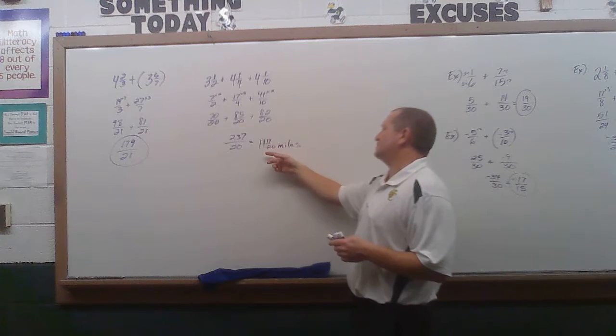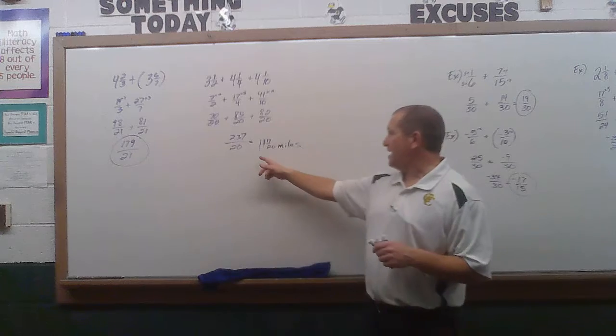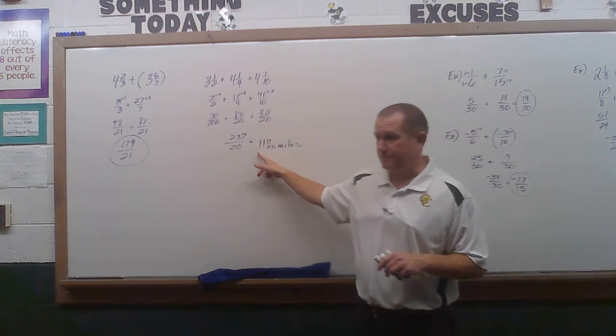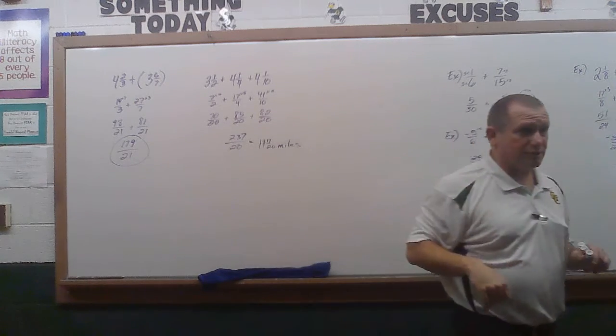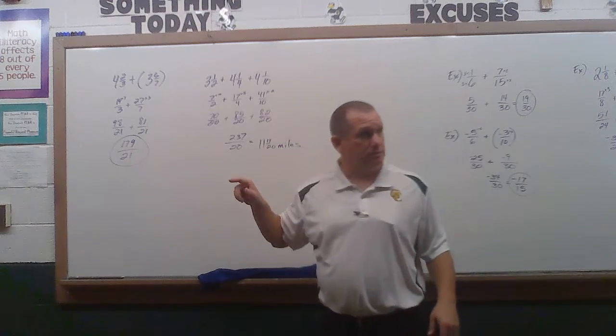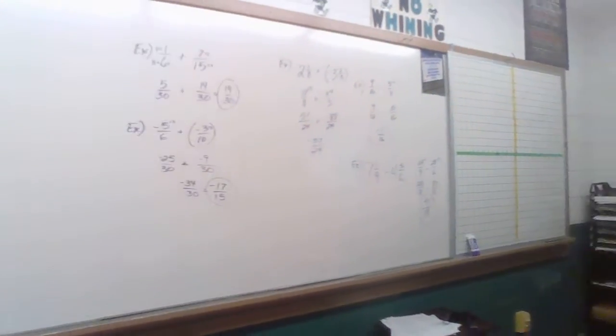We still might not understand exactly what 11 and 17/20 miles means, but we know that it's way farther than I would ever run in my life, even splitting it up into 3 runs. And because it's a story problem, I always need a label. Don't forget your label. So I got to have my miles on there. Questions there?